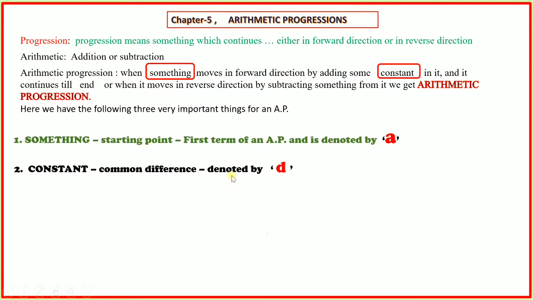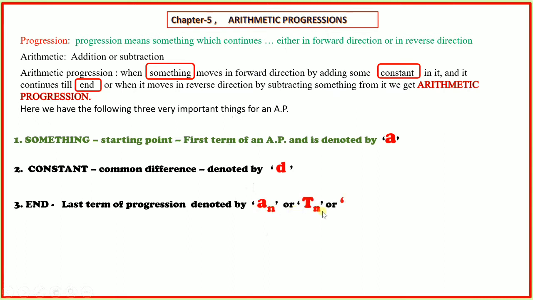The third is the end of that progression. The end is called in AP the last term of the progression, denoted by a subscript n, or t subscript n, or small letter l for last term.